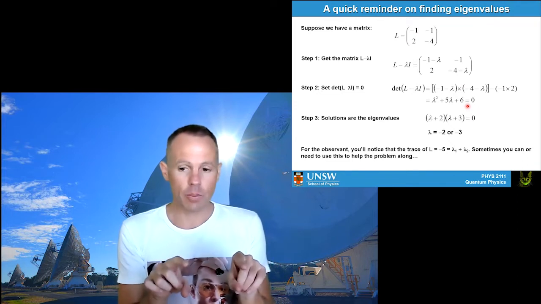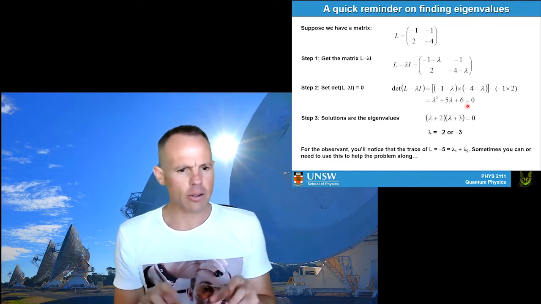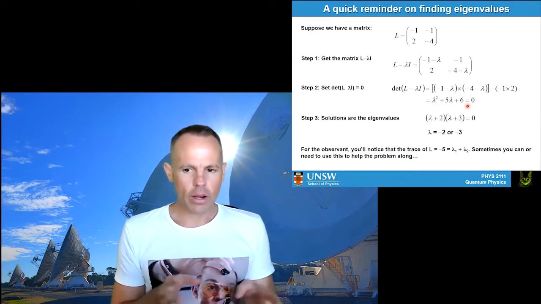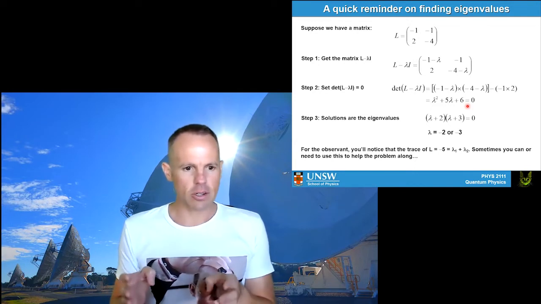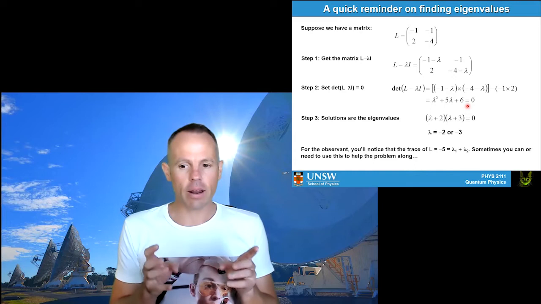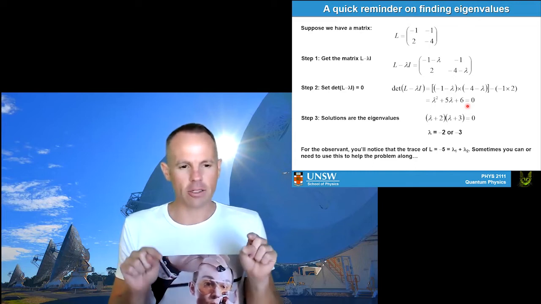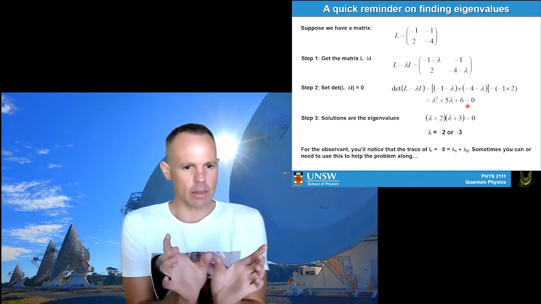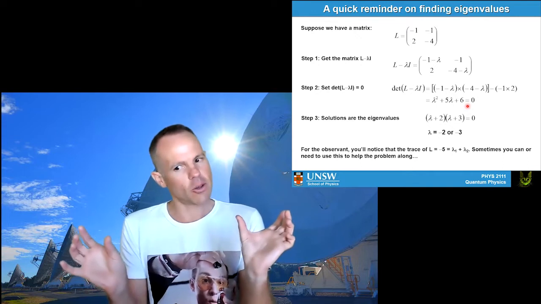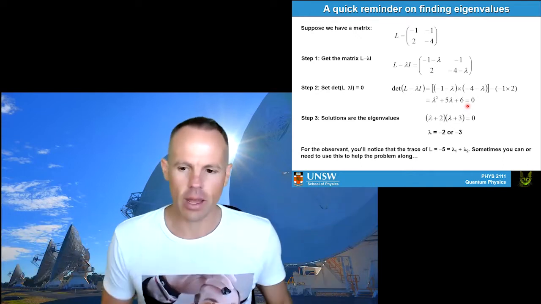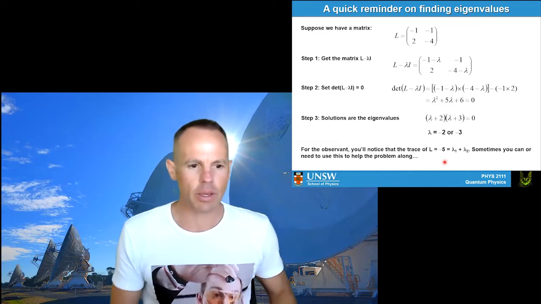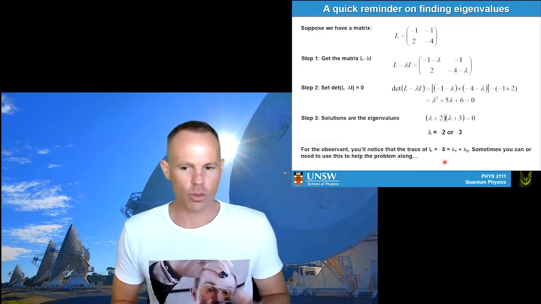For a quadratic, it's not very hard because quadratics are easy to solve. When you have to deal with 3x3 matrices and solve cubics, having some idea of what the factors might be helps you split the cubic into a quadratic plus another term and then work from there. So the idea of the trace being the sum of the eigenvalues is a very useful thing to keep in your mind.